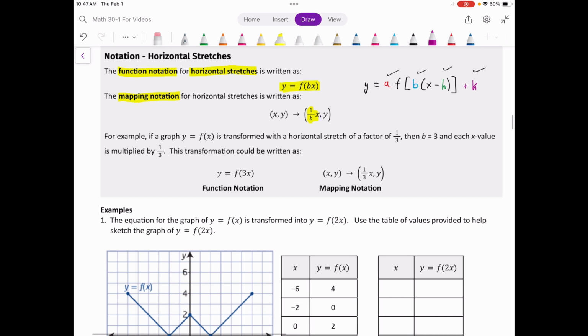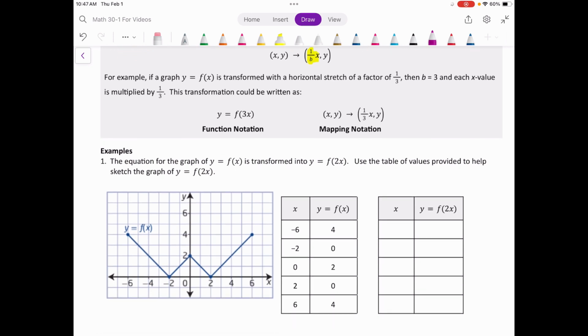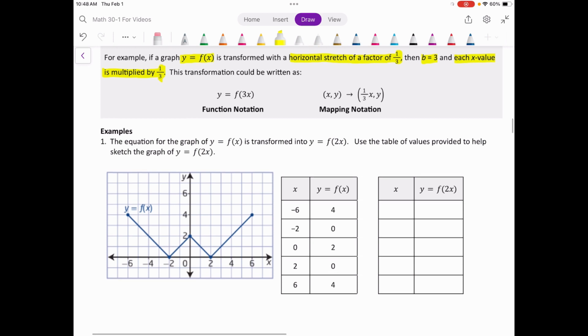Okay. So just for an example, just to see what it looks like in function notation and mapping notation, if a graph y equals f of x is transformed with a horizontal stretch by a factor of 1/3, well, that means our b is 3, and each x value is multiplied by 1/3. We multiply by 1 over b. So we could write this transformation, in function notation, as y equals f of 3x. Notice what we're doing there.